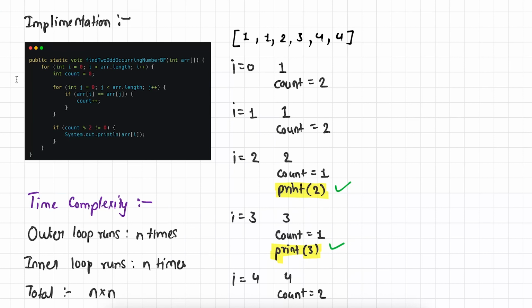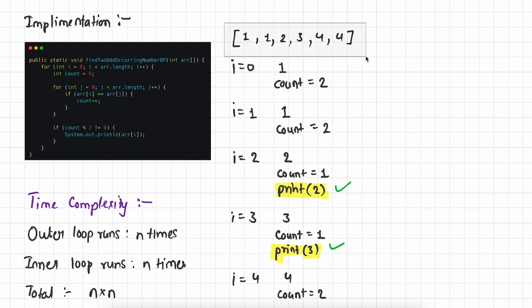It means in the first loop we pick one number, and in the second loop we check the entire array for that number. If we find that number, we simply increment the count by 1. After the loop is completed, we check whether the value of count is even or odd. If the value of count is odd, we simply print that number. So let's quickly run this code and see how it works.